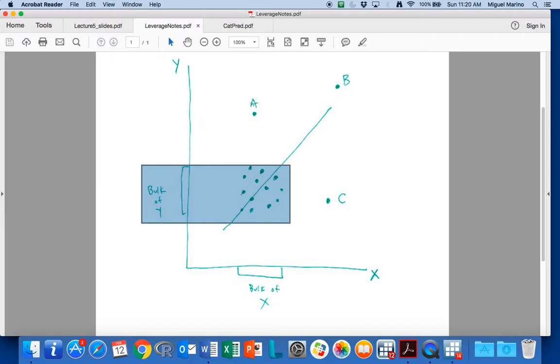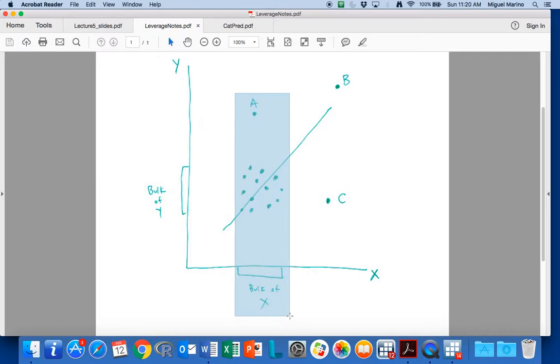So this value A is within the range of the majority of X values, but it's outside the majority of Y values.